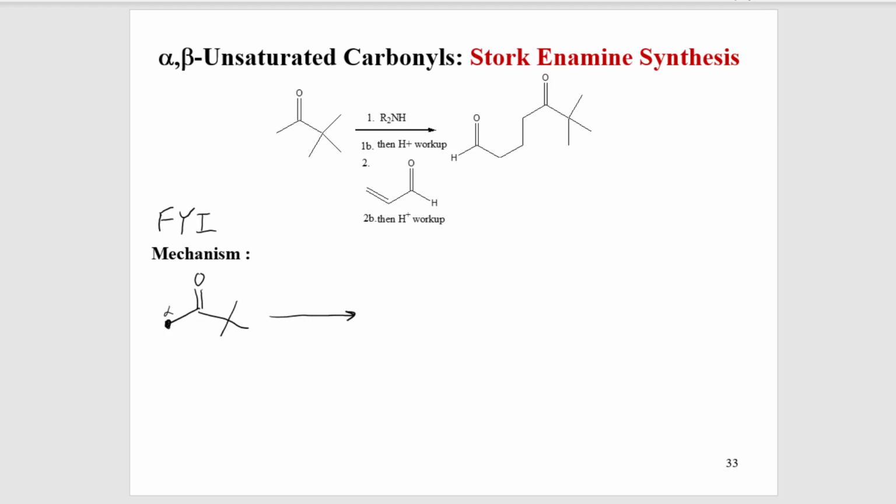Gilbert Stork came up with this really cool way of sort of tricking the enolates to become soft nucleophiles. So let's start here. Let's start with taking our ketone and reacting it with a secondary amine, I'll just draw one out as an example, dimethylamine, with a little bit of acid to catalyze it.